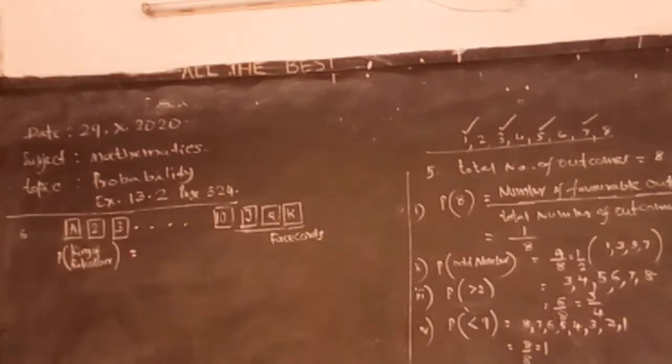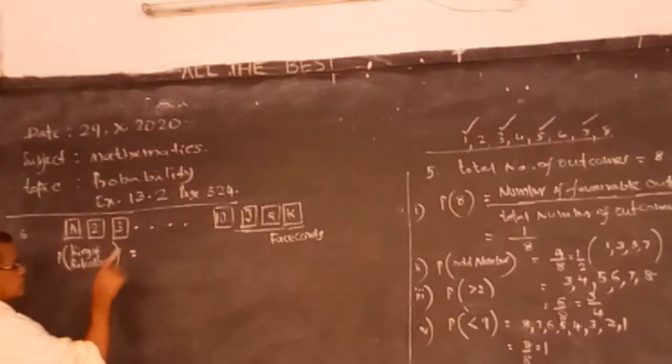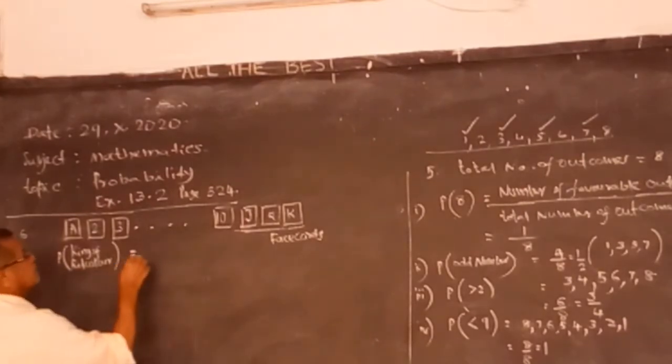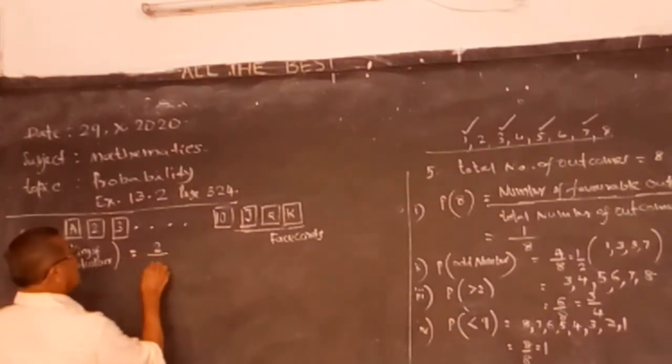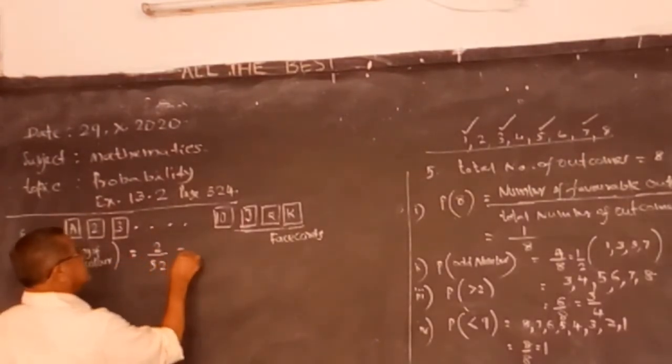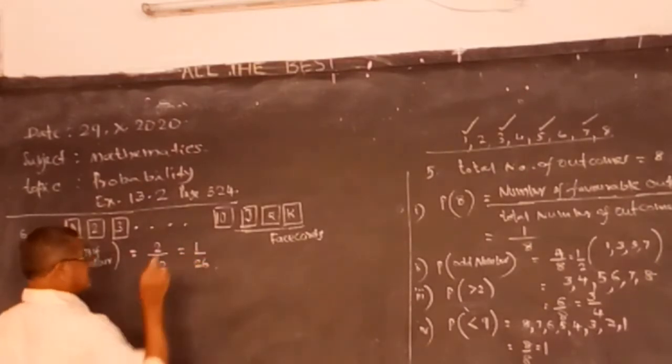Why two? One from heart, one from diamond. So red colored cards are heart and diamond. From diamond one king, from heart one king. Total 4 kings, red color kings are 2 out of 52. That is 1 by 26.